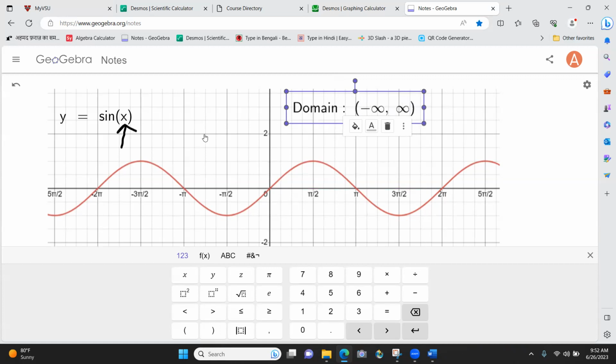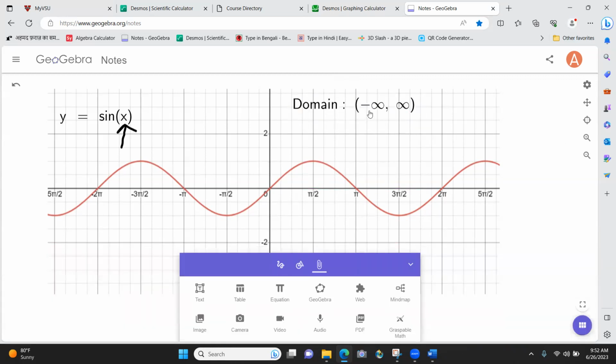This is a way of saying all real numbers, negative infinity to positive infinity. In English, you can write all real numbers, okay? Depending on how your book will accept your answer. What is domain? All the things you can input for X. X is that angle, and it can go counterclockwise. It'll be positive. It can go clockwise. It will be negative. It can circle around and go on and on. So it covers all real numbers.